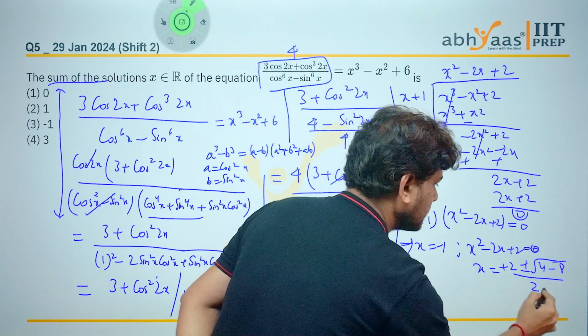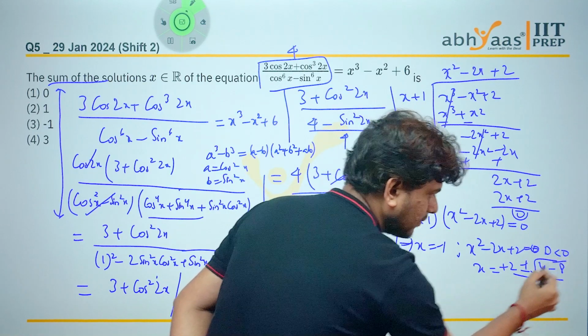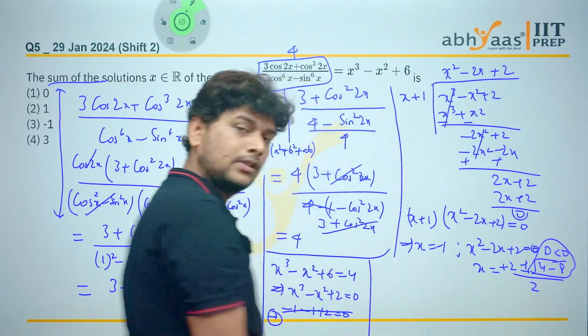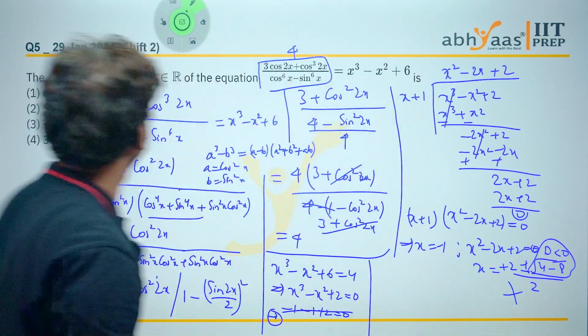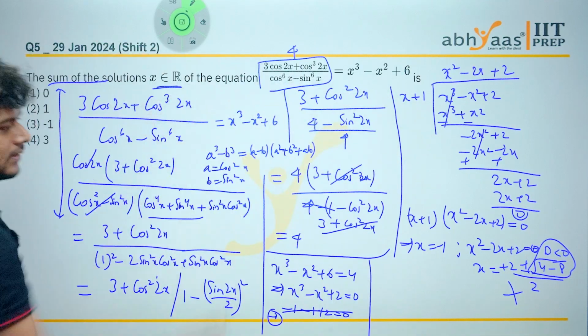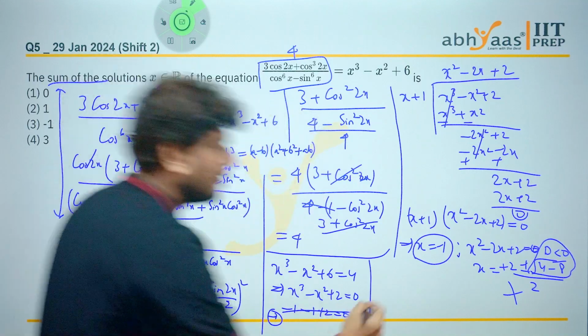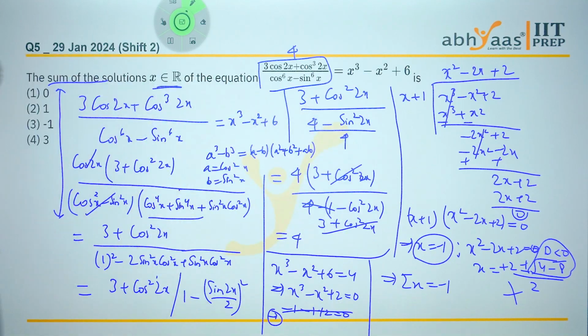Okay. So here we are getting d less than 0, the determinant less than 0, 4 minus 8. Root 4 minus 8 is root minus 4. So we can leave it because he said x belongs to R. So x equal to minus 1. So we got only one value. The summation of x will be minus 1. So the answer is option 3, minus 1.